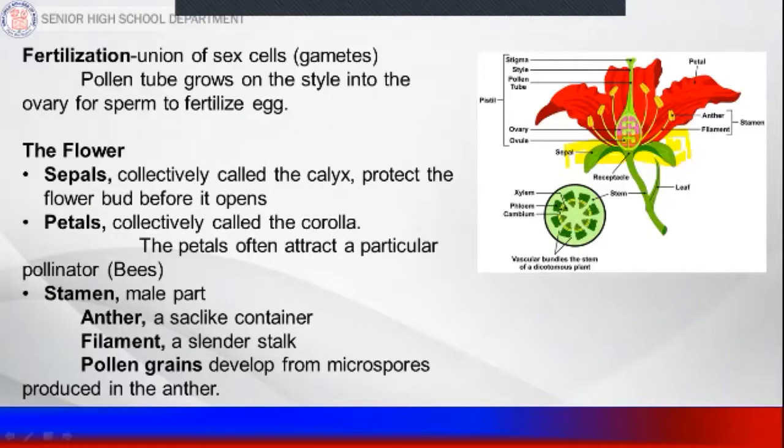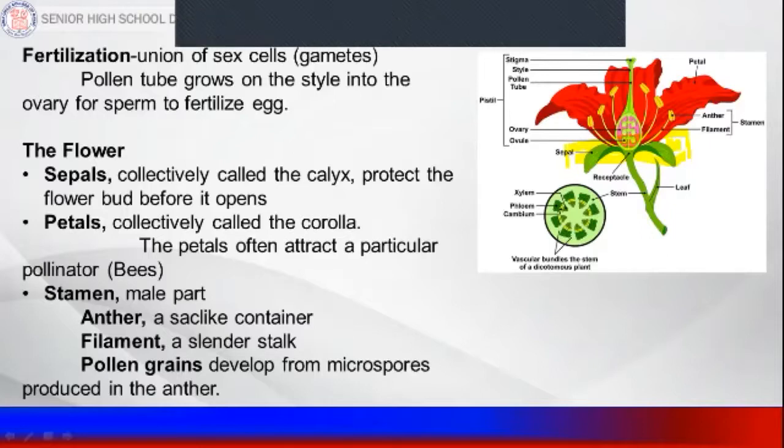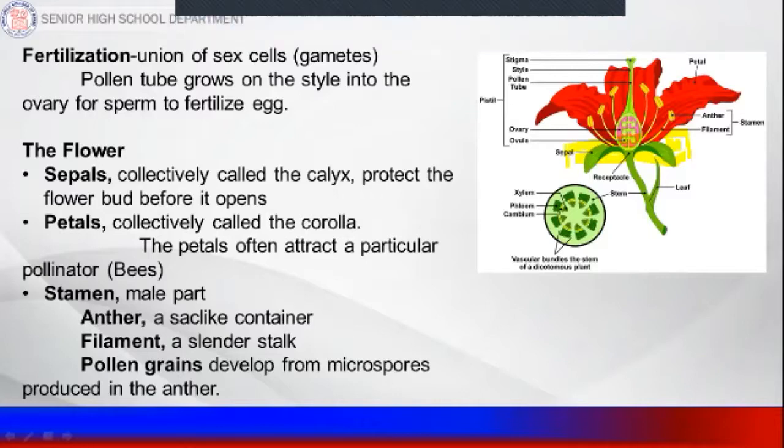We also have the stamen. It's the male part of the flower. If you can see here, the stamen contains the anther and the filament. The filament is the stalk, and the anther is the container. Pollen grains develop from microspores produced in the anther.